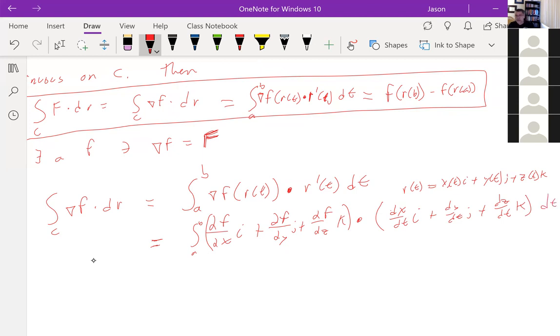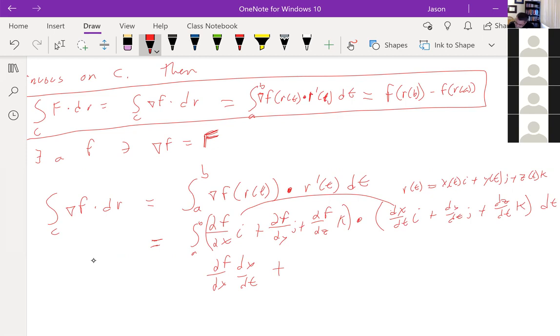Now this is the dot product. So for the dot product, we multiply component with component and then sum them all up. We get the partial of f with respect to x times dx dt. Now where'd my i go? Well, remember when we do a dot product, we go from two vectors to a scalar, so we're dropping the vector notation of the standard basis because it's going to be a scalar.